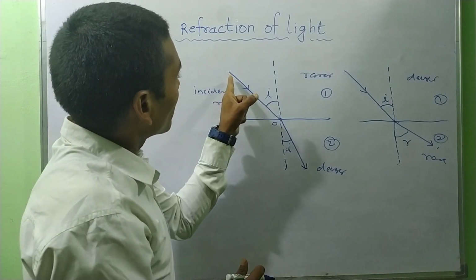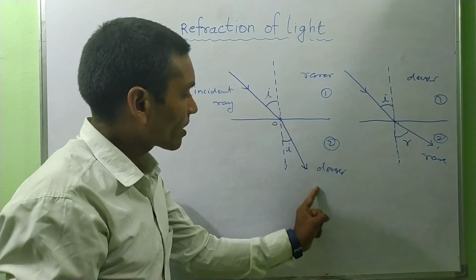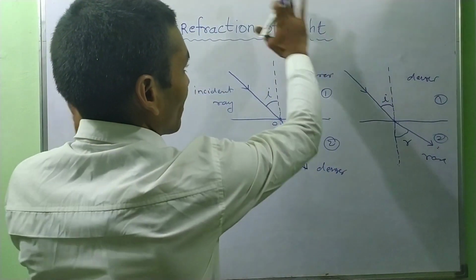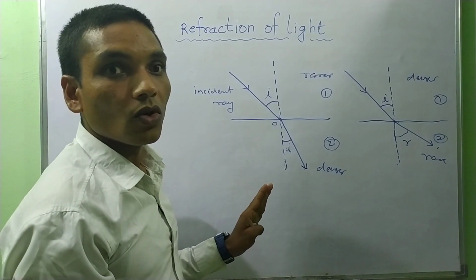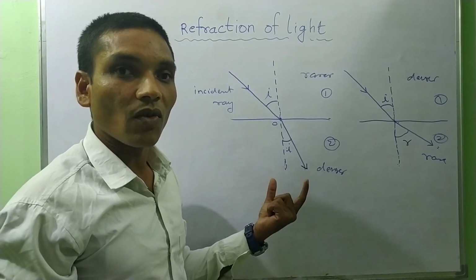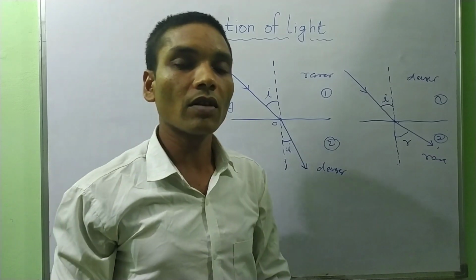So the incident ray, refracted ray and normal lie on the surface of the board. So these are in the same plane. This is the first law of refraction.